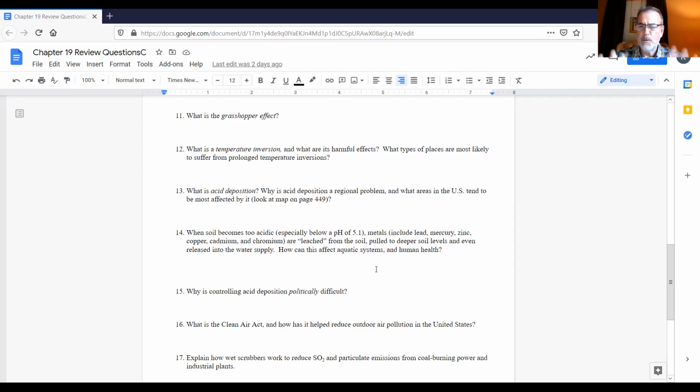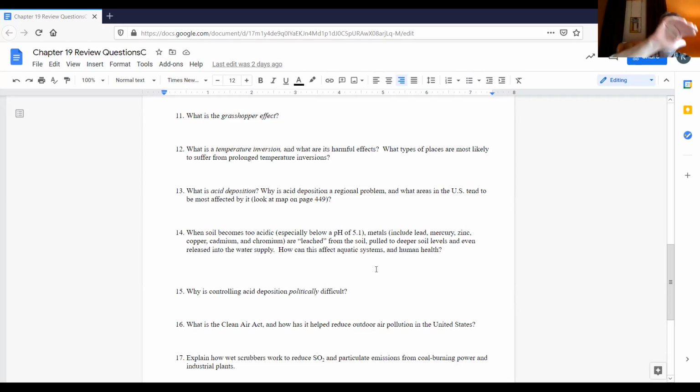That would seem obvious to us, like, wait, you can't do this. But yet, very often we can see things being released to the atmosphere almost as if it's just an open sewer. Now businesses do have regulations that they have to meet as far as what's going into the atmosphere. But anyway, so that's the grasshopper effect.